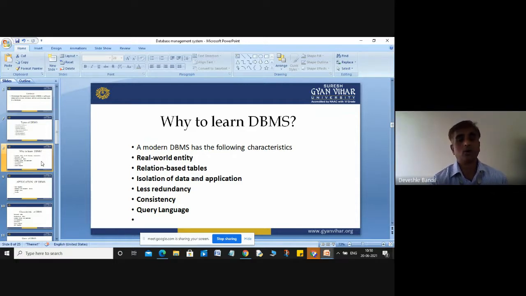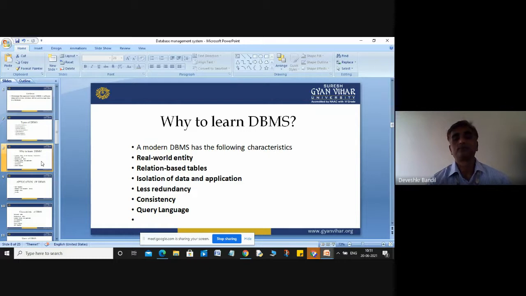And consistency is a state where every relation in a database remains consistent. And query language: DBMS is equipped with a query language which makes it more efficient to retrieve and manipulate the data.